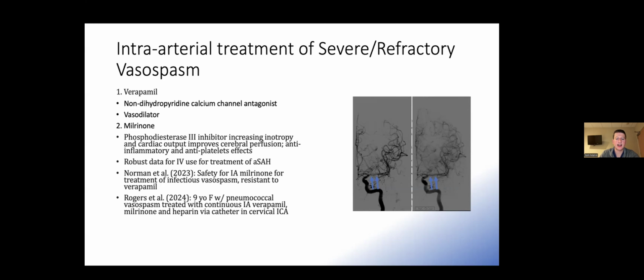They ultimately decided to leave a 4 French guide catheter in the cervical ICA with a continuous administration of verapamil, milrinone, and heparin, and they found an improvement in their vessel caliber and a symptomatic improvement in their hemibody strength. And certainly, while we're in the angio suite, we can attempt angioplasty with its unique risk-benefit profile for mechanical dilation of a blood vessel.